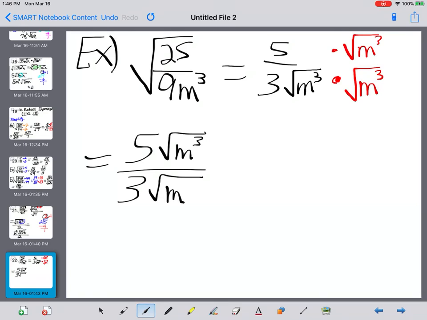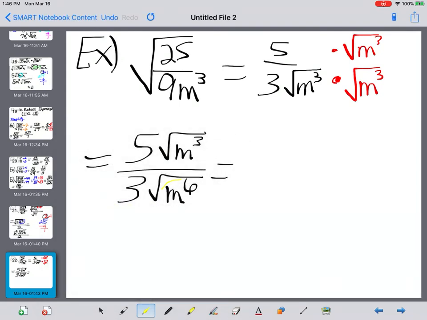So that's going to be the square root of m to the 6th. On the bottom, the square root of m to the 6th, I'm dividing my exponents. So I'm going to have 6 divided by 2.